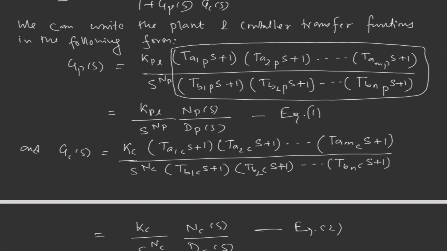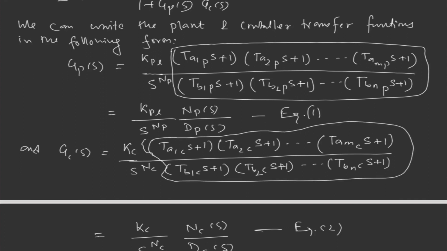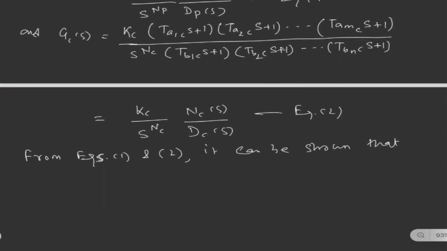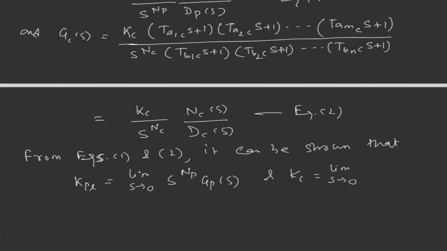And similarly, if you put s equal to 0 here, this term is going to be 1. So now we'll see this fact. It is easy to see that Kpl equals the limit s tends to 0 of s to the Np Gp(s), that is clear from what I just said, and Kc equals the limit s tends to 0 of s to the Nc Gc(s).